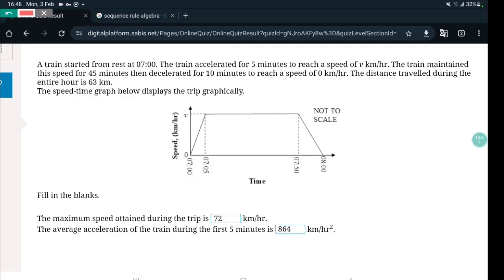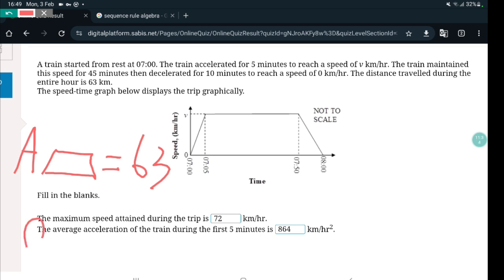Now, we have to find the second base. The second base is the entire trip, from here till here, which is 8 hours minus 7 hours, 1 hour. So base 2 equals 1. So we have the area of the trapezoid equal to 63.